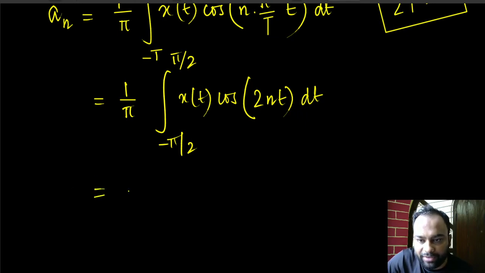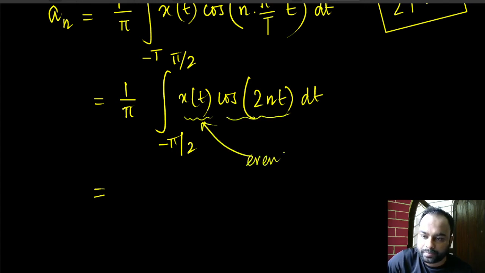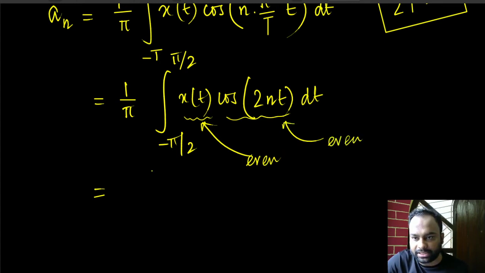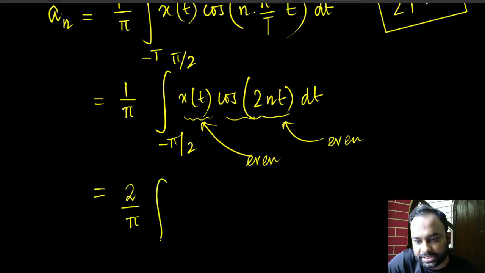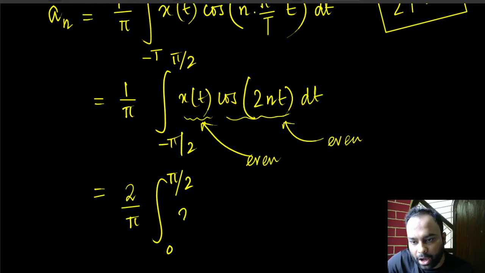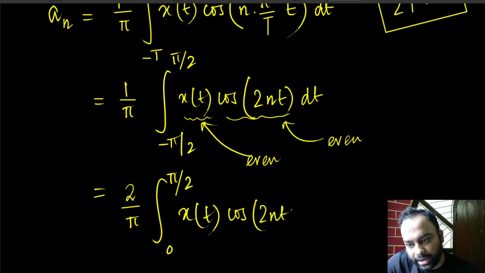Subsequently, look at this one. This is an even signal. This is an even signal. So their product is also an even signal. So I can employ our expression for even signals, and this integration becomes from 0 to pi by 2, and now we have x(t) cos 2nt dt.